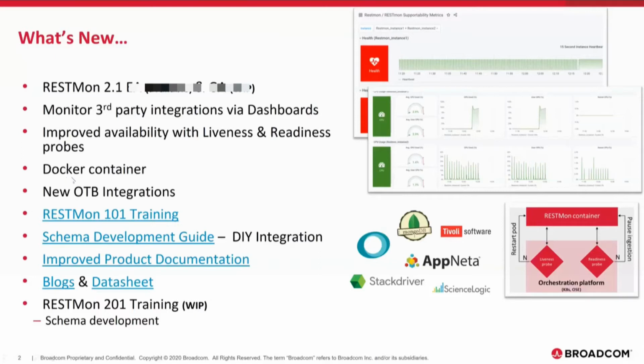Third is the container. Our focus is slowly getting more towards the RESTMon container. So far we used to have a VM image or a WAR file that you would download as part of the DX gateway package, and also a similar package on the support side.